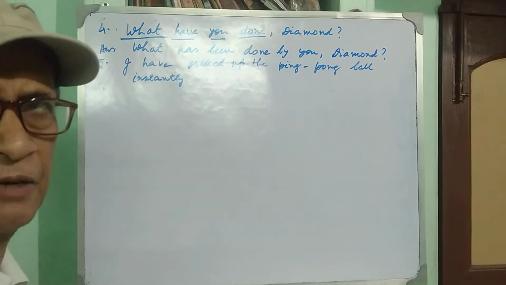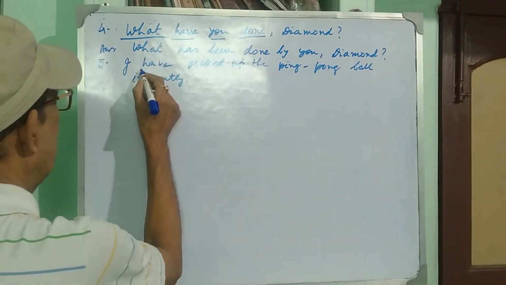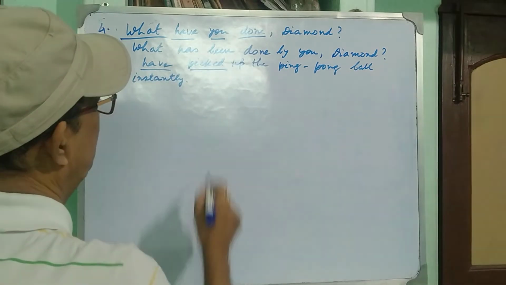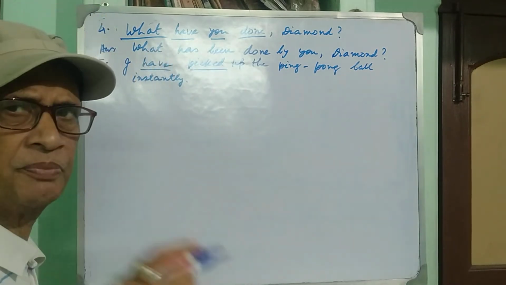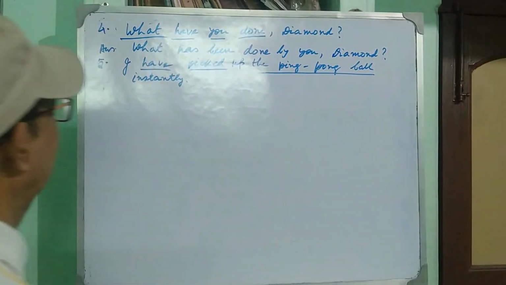It is an example of the present perfect tense. It is very simple: subject plus have plus past participle of the verb. And what is the object? The object is the ping pong ball.